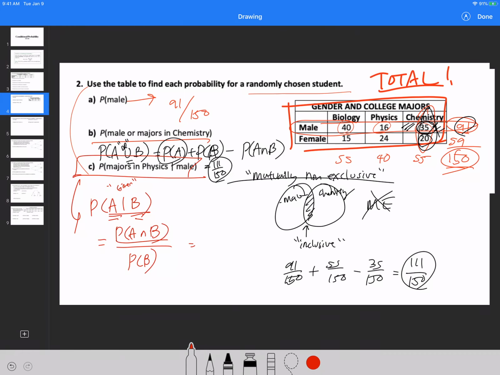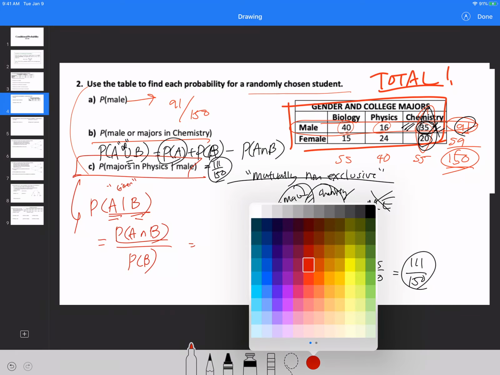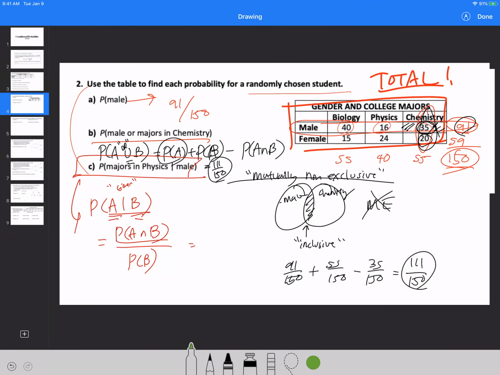So, when we say the majors in physics, given that we're choosing out of only the males, we first need to take a look at the table and ask, how many people are physics and male? It's this one right here. That's 16 out of 150, because that's both physics and male.